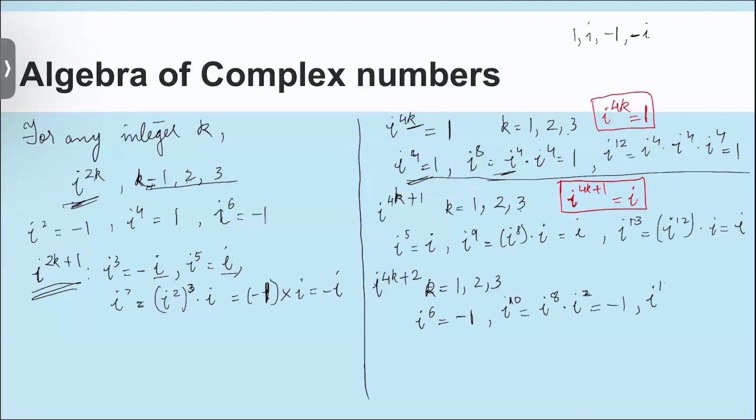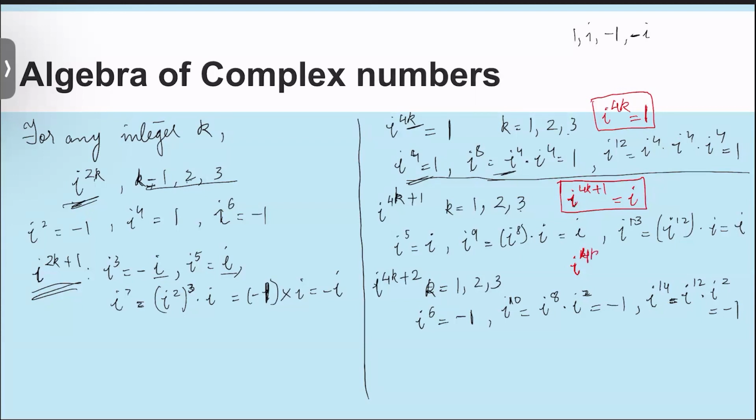So i raised to 14, again you can write i^12 times i squared, since we know 12 is a multiple of 4, and then i squared outside. Then again what you're left with is minus 1. So to write it in the general form, i^(4k+2) is always going to be equal to minus 1.